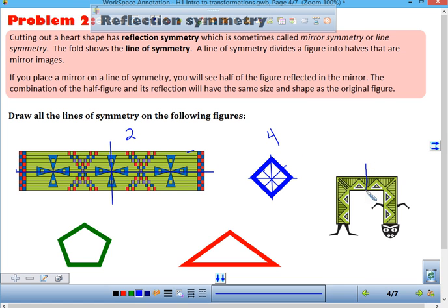I could cut it right here, and that would take this and flip it right on top of the other one. It would flip this triangle right on top of this triangle, and this triangle and that triangle. Are there any others? I don't see any more, so how many does this one have?